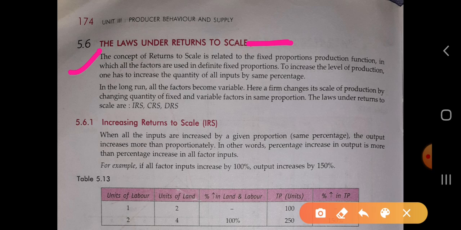Here a firm changes its scale of operation by changing the quantity of the fixed and variable factors in the same proportion, okay. In this case, if a producer or the firm wants to change its scale of operation, meaning the criteria for operating a business, by changing the quantity of fixed and variable factors, they have to change their fixed as well as variable factors in the same proportion, okay.